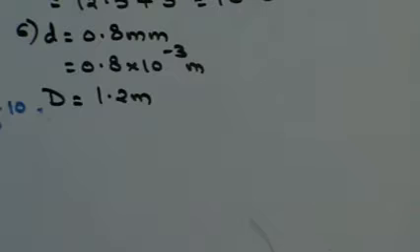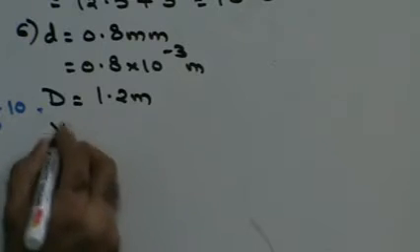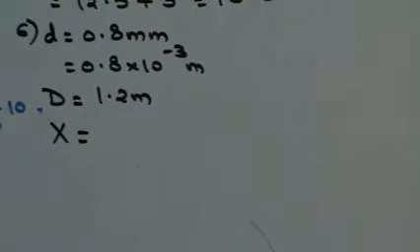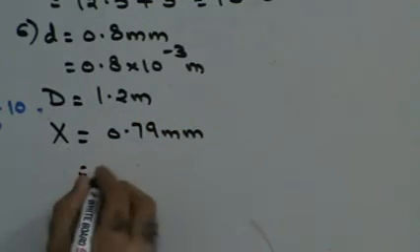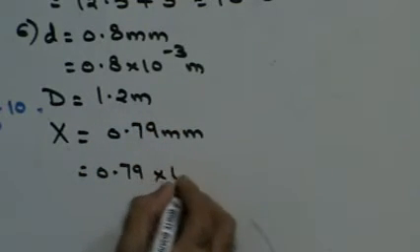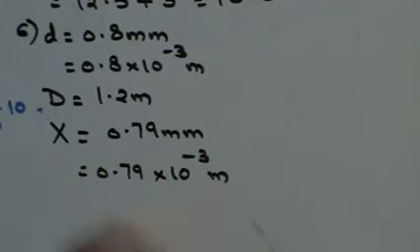I hope you all remember what fringe width is. Fringe width is the distance between two consecutive bright bands or two consecutive dark bands. If the fringe width is 0.79 millimeters, calculate the wavelength of light.